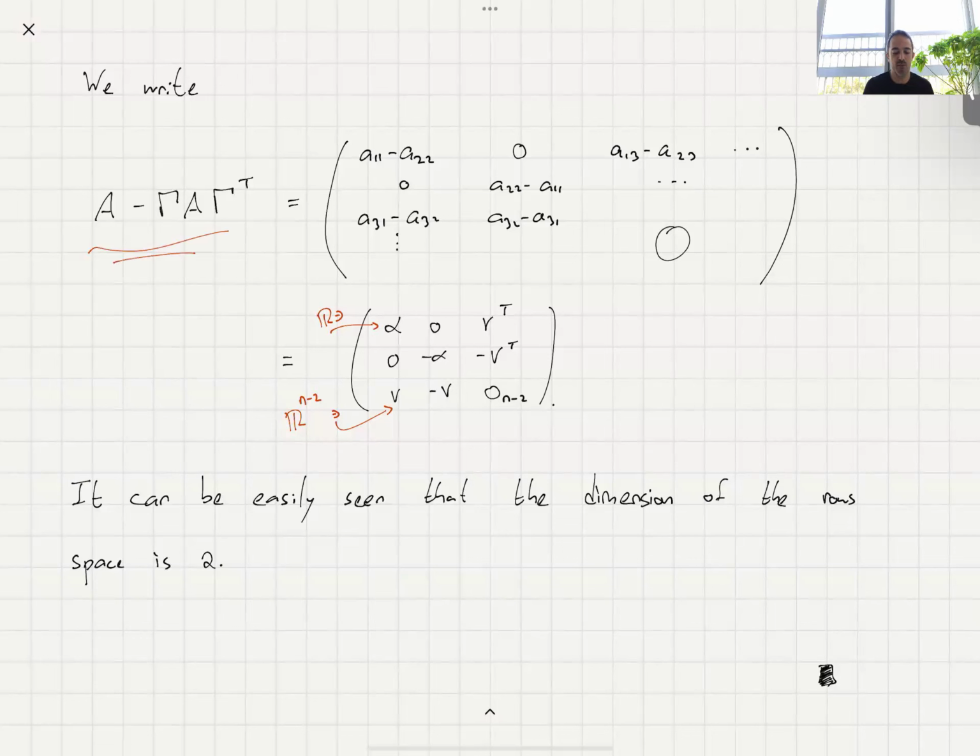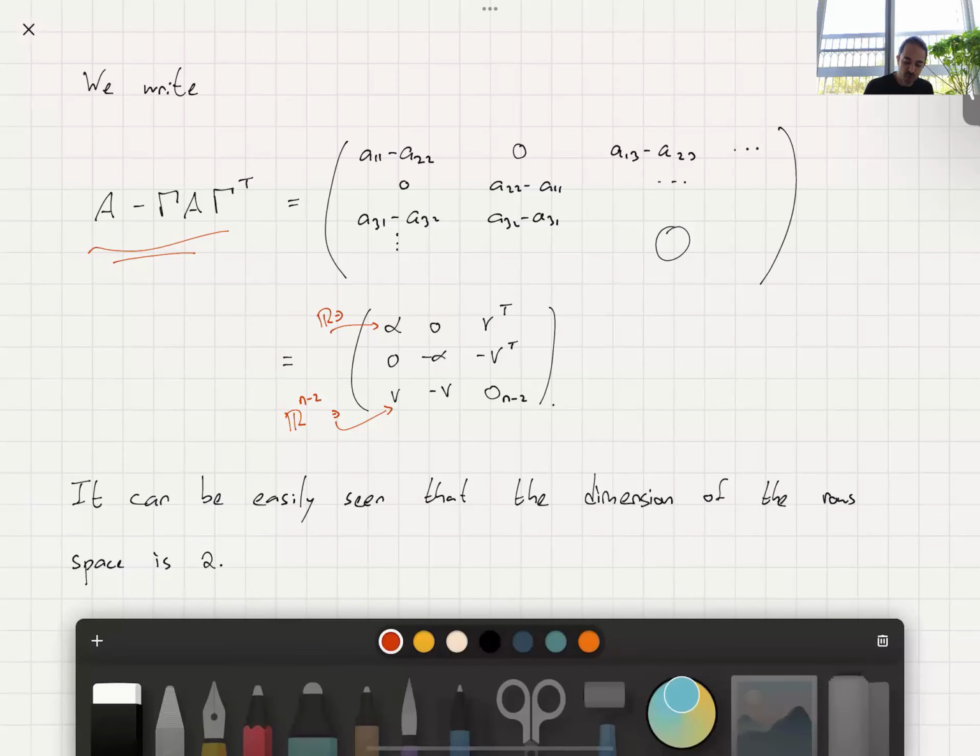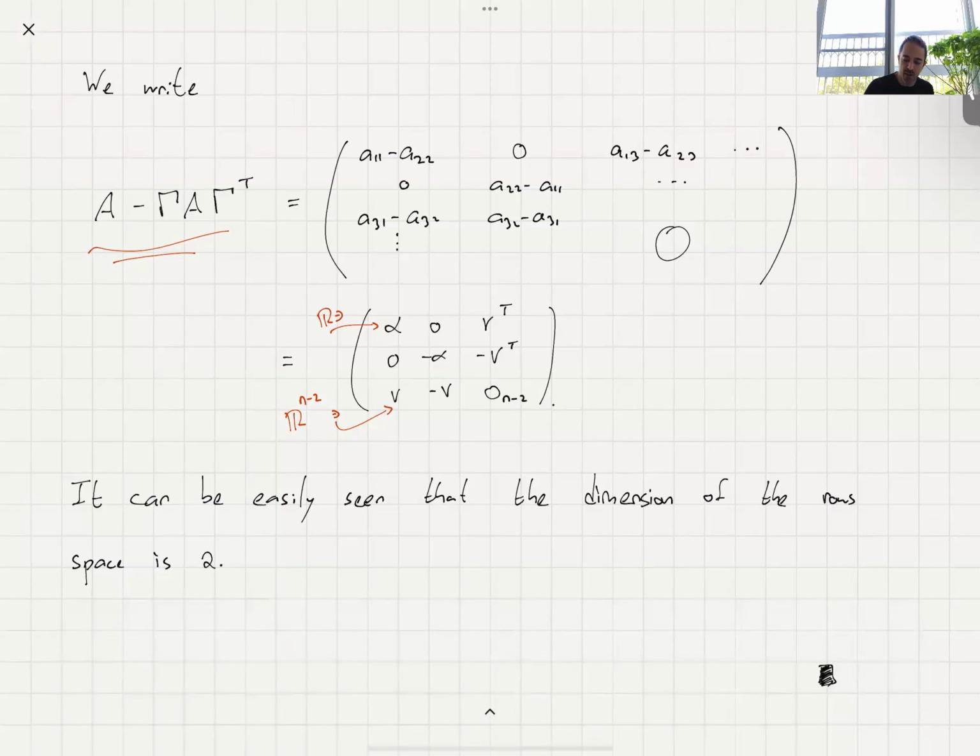If you look at the difference between these two matrices, when you conjugate A by gamma, the first and second row change, but the rest remain the same. So up to the first and second rows and columns, you get just a huge zero matrix. Then in the first row, you get A11 from A, minus A22, because A22 goes to the top left entry.